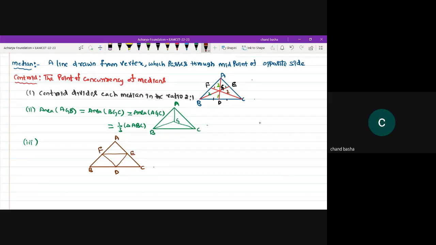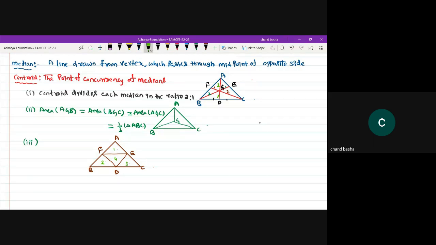If I'm observing the area of one triangle AFE, next FBD, next EDC, next FED is also there. How many areas are there? 1, 2, 3, total 4. The corresponding areas are equal.